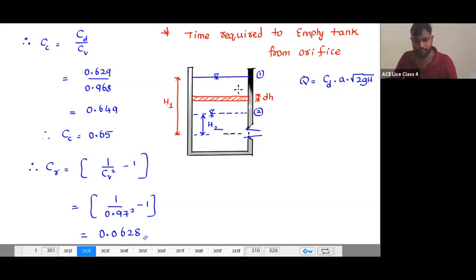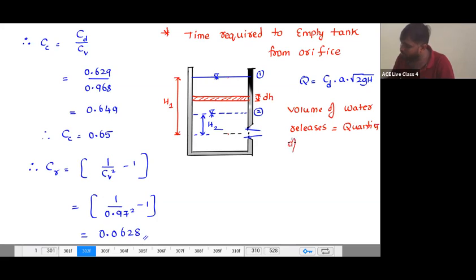One minute. So how much amount of the water is going out? How much volume of water going out? Volume of water released is equal to quantity of the discharge in the time interval dt.